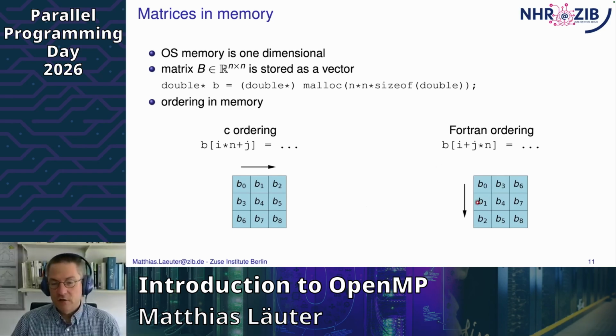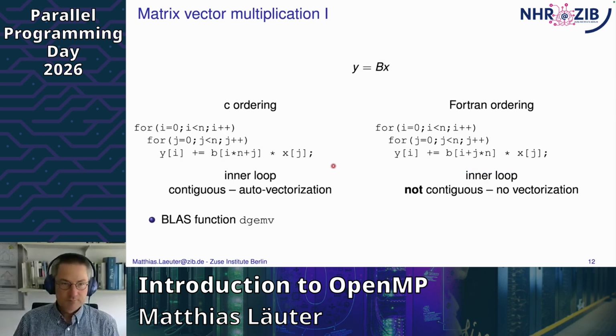But in Fortran, the convention is the other way around. You go column by column. Today we don't have to think about Fortran, but please remember, if you do Fortran, everything is transposed. Okay, good. So contiguous in memory for a matrix means you go line by line through this matrix.